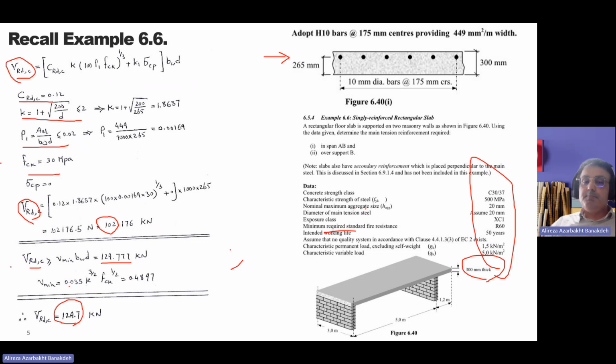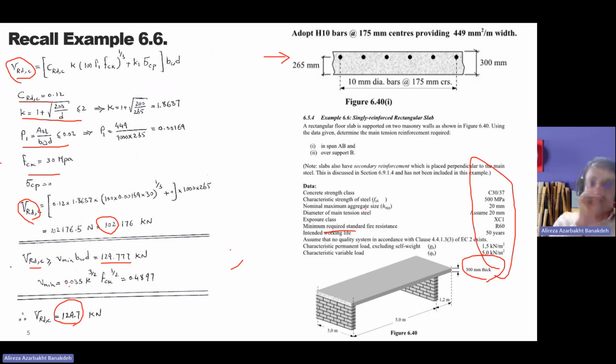However, if the resultant analysis shear force is less than 129, still you need minimum reinforcement for the shear. Always you need to check the minimum reinforcement.